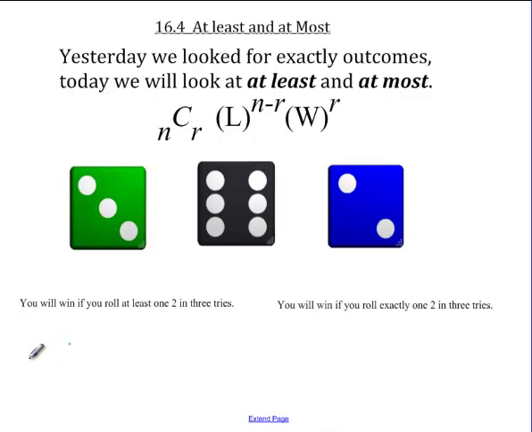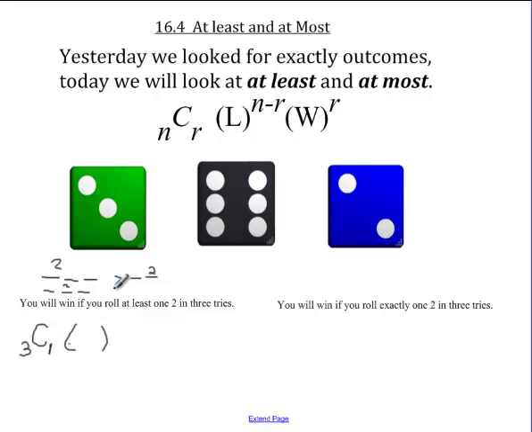I'm going to start. How many rolls do I get? 3. Well, let's look at 1. I just get my 3 rolls and I get a 2 either in the first spot, the second spot, or the third spot.